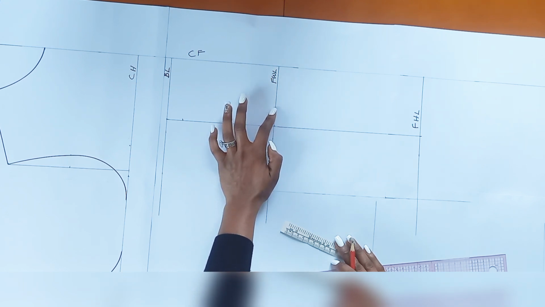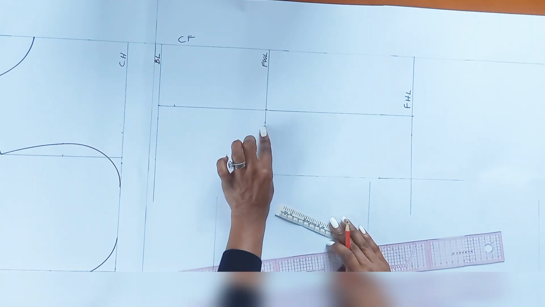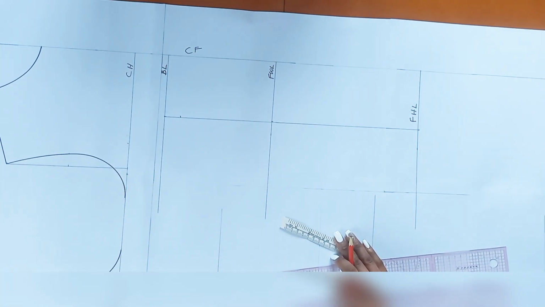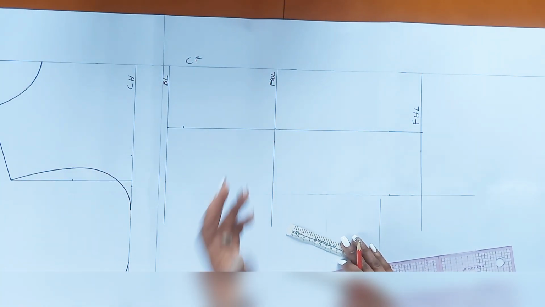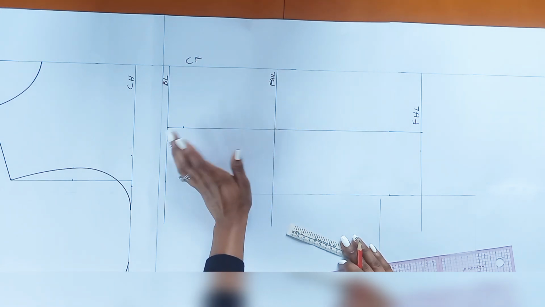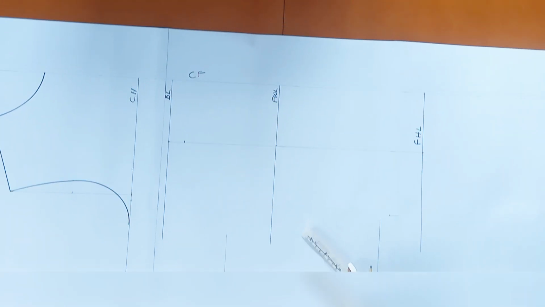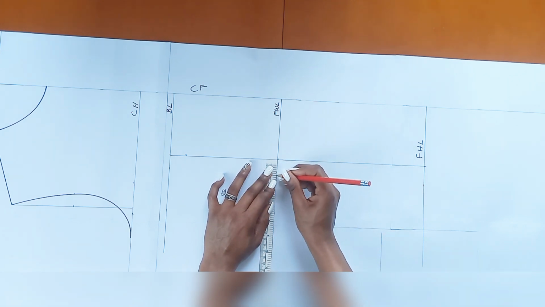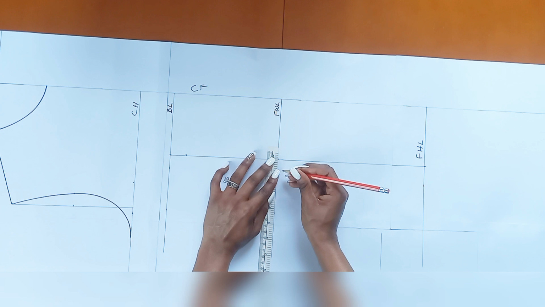Note that you could use as little as 0.5 of an inch, or even as much as 1 inch, but I like to use 0.75 because it works for me. I'm marking 0.75 on this side and 0.75 on the other side.